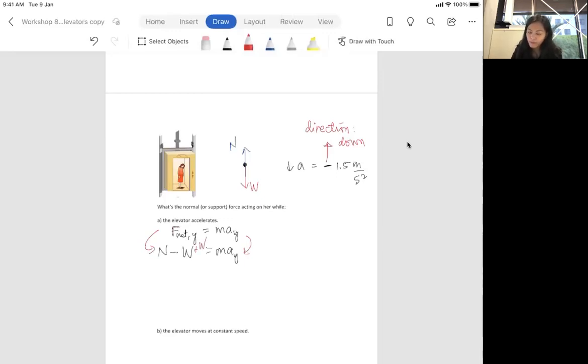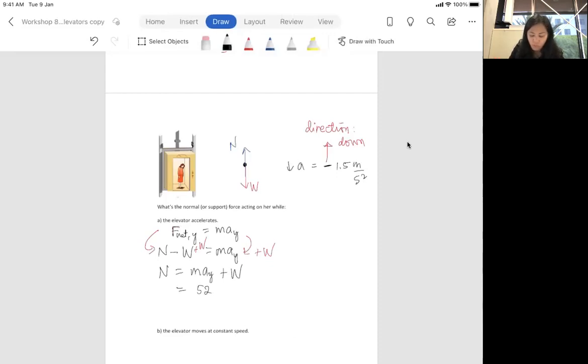Get rid of weight by adding weight on the left-hand side, but you also have to add weight on the right-hand side so that your normal force is equal to mass times acceleration of the woman plus the weight force of the woman. We were given the mass, 52 kilograms.